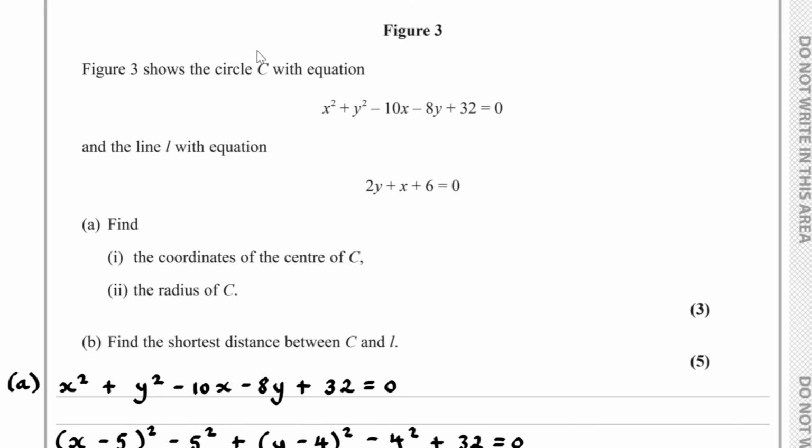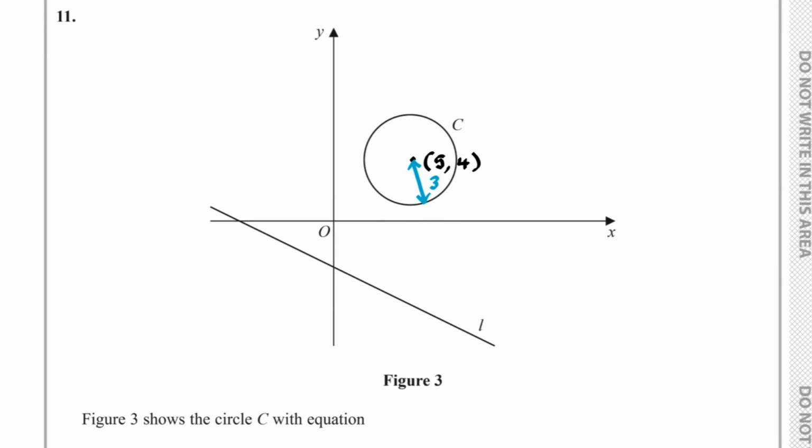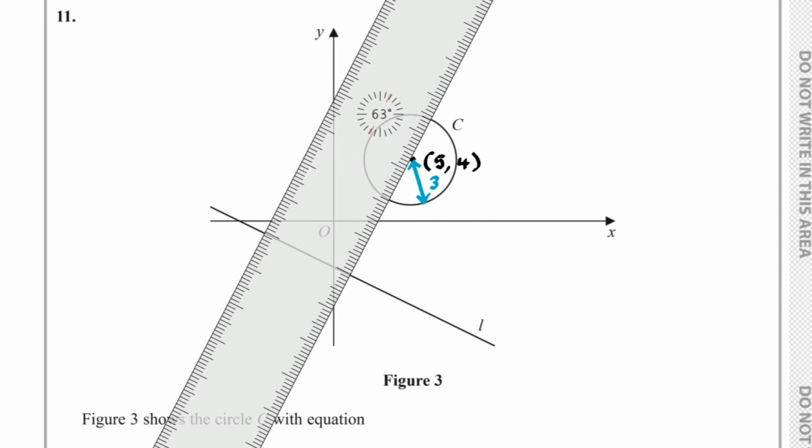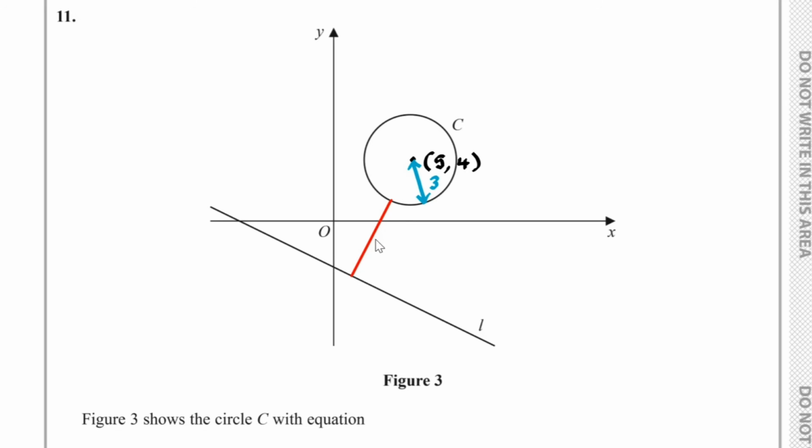Now for part B of the question, we have to find the shortest distance between C and L. So what we want in this question is the shortest distance, which will be this distance over here, and we'll call this D for the shortest distance.